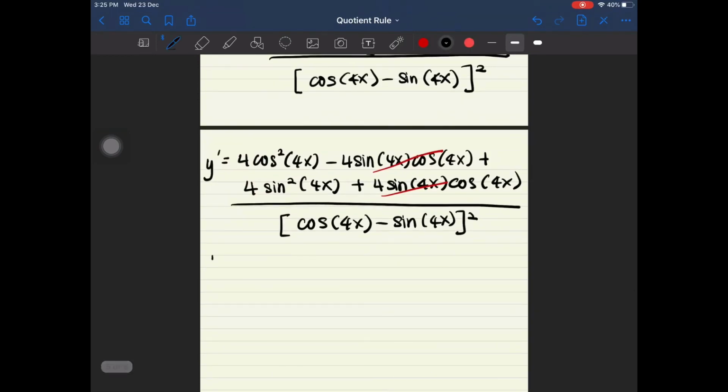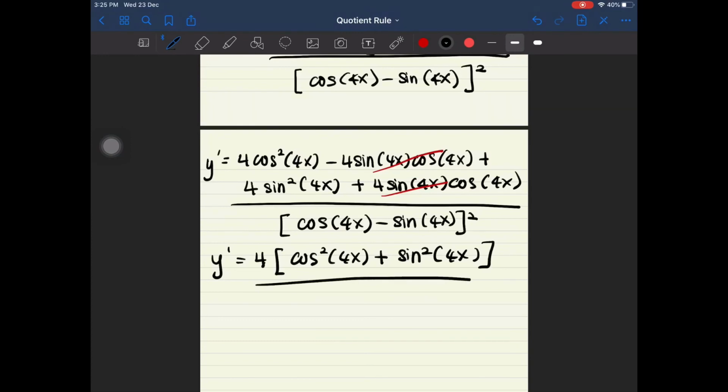Your answer will be y prime equal to 4 times cos squared 4x plus sine squared 4x over cos 4x minus sine 4x, the whole thing squared.